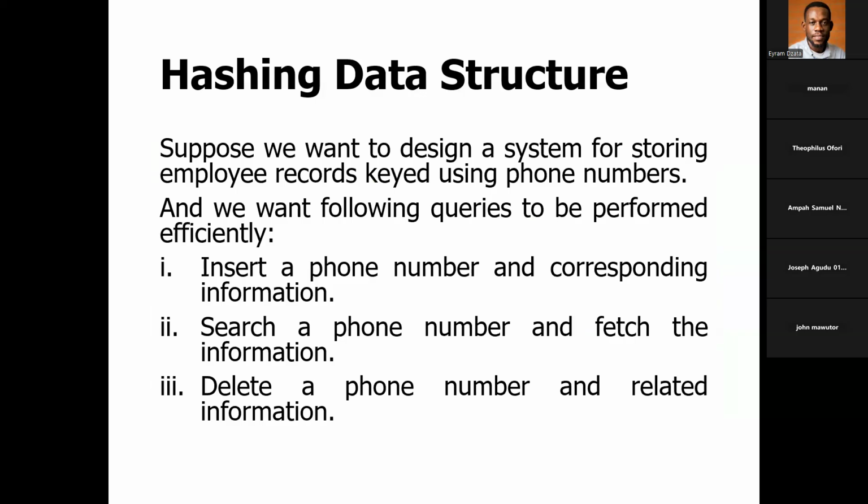Now, hashing data structure. So suppose you want to design a system for storing employee records keyed using their mobile number. Okay. So you have employee records and they are keyed using their mobile number. So you have employee 1, you have employee 2, and then you have employee 3.